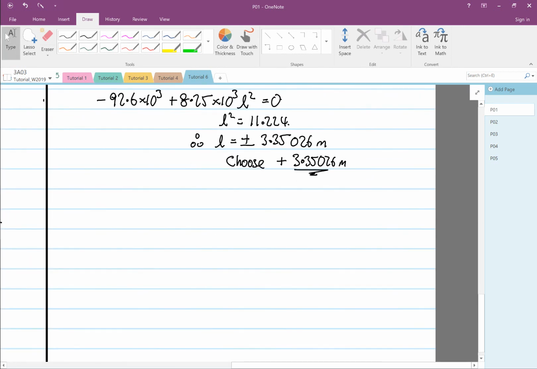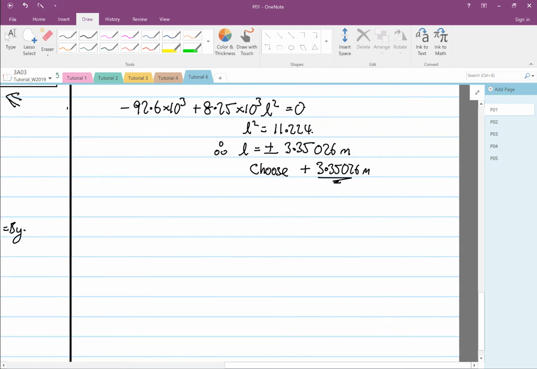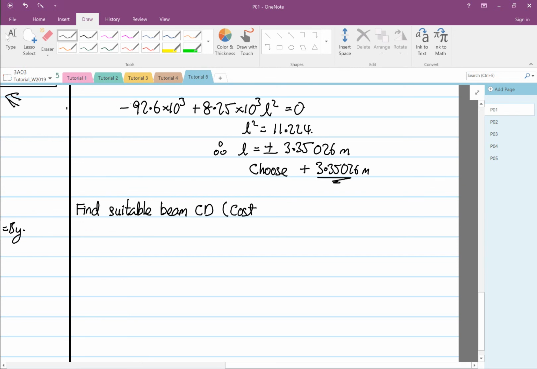Okay, so now you know your length, so you want to find a suitable beam for CD, beam CD, and moment is the controlling factor.